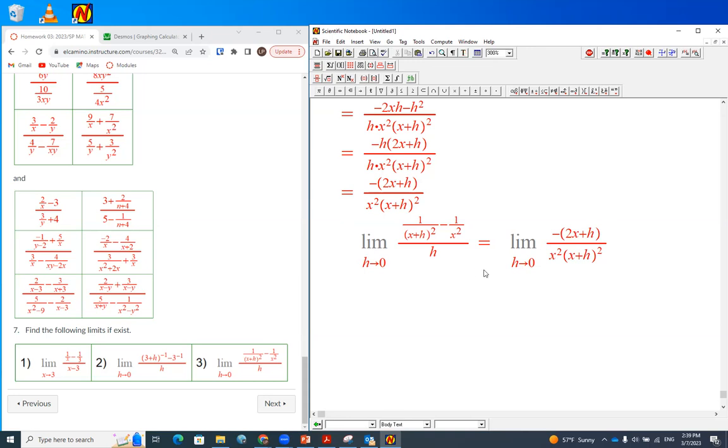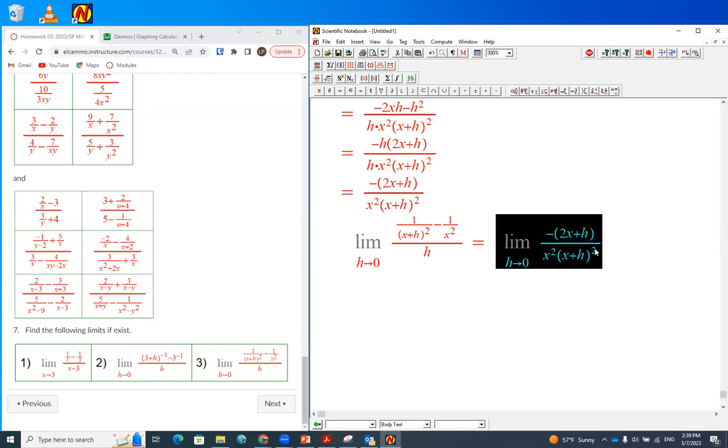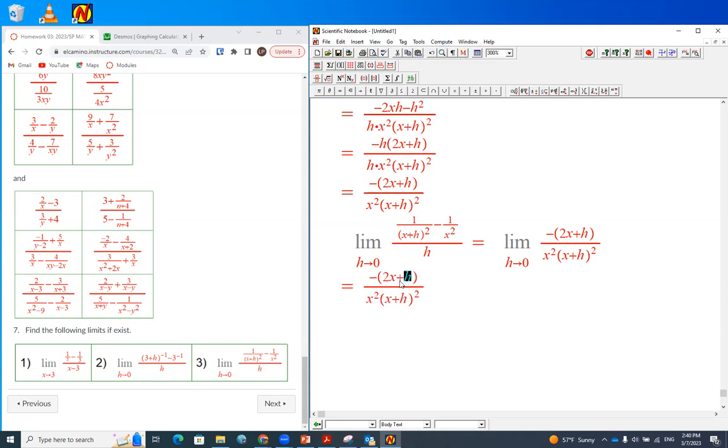Now we can do direct substitution, because if you treat x as a constant and h approaching 0, we can do direct substitution. Substitute h by 0, so h is replaced by 0.